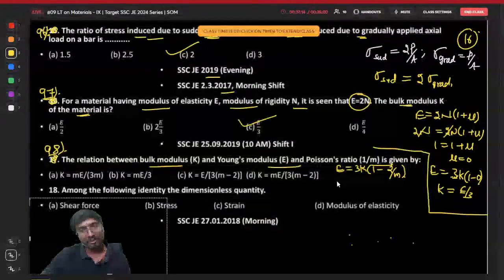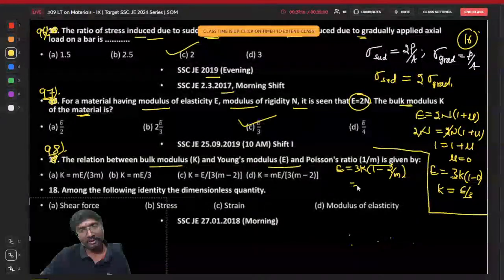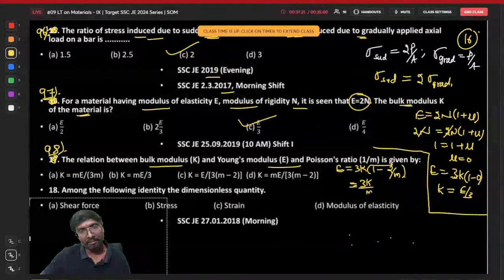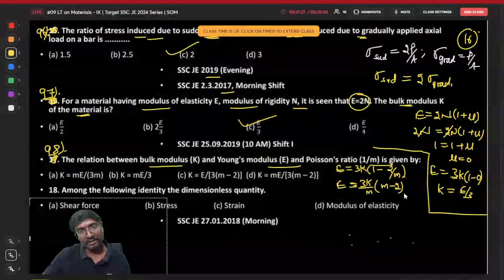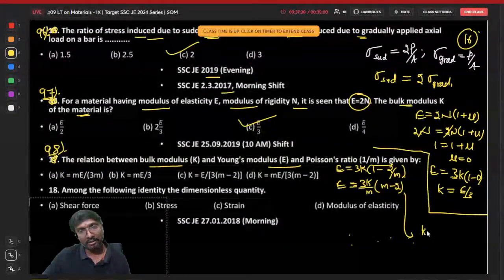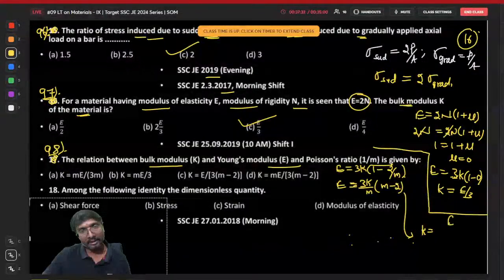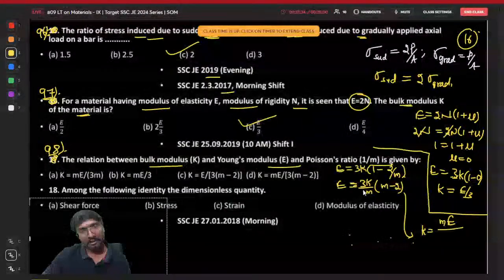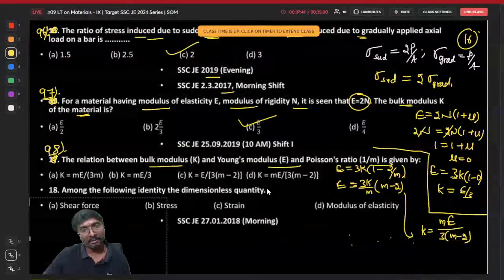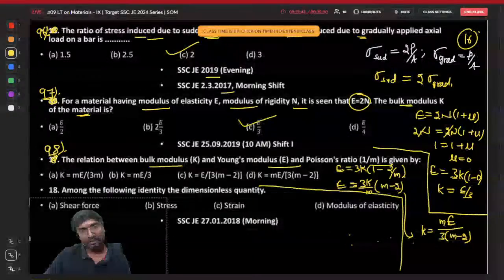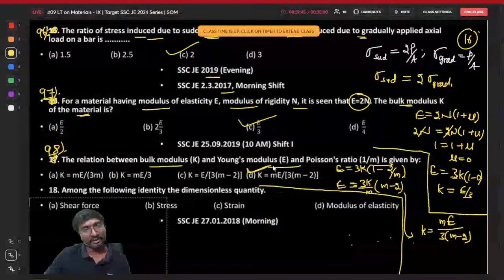Then if you simplify, E equals 3K by m into m minus 2, taking LCM. Then K equals mE divided by 3 times m minus 2. So which one is matching? Tell me. Option D is matching, right?